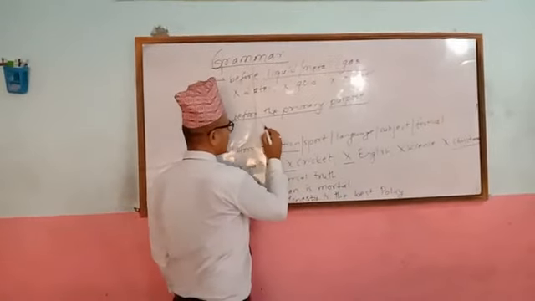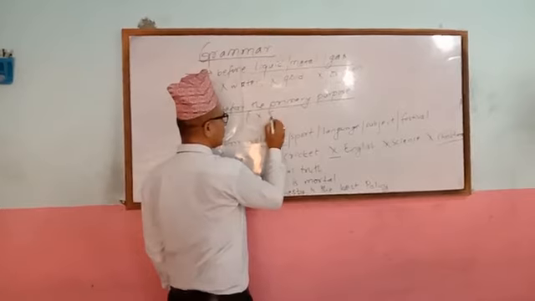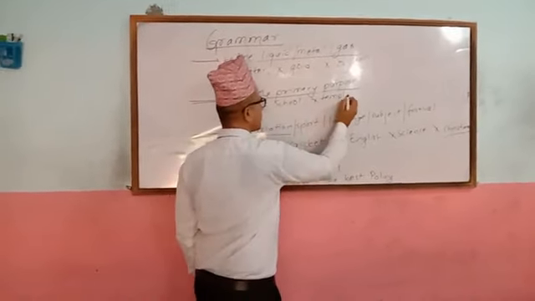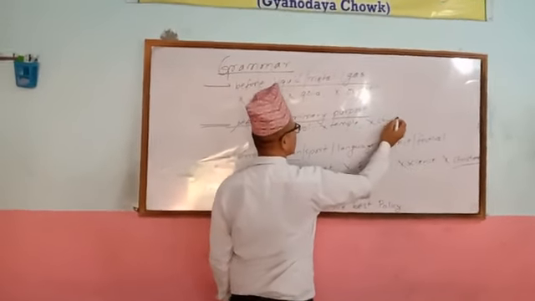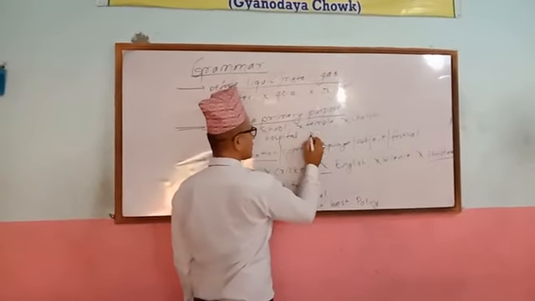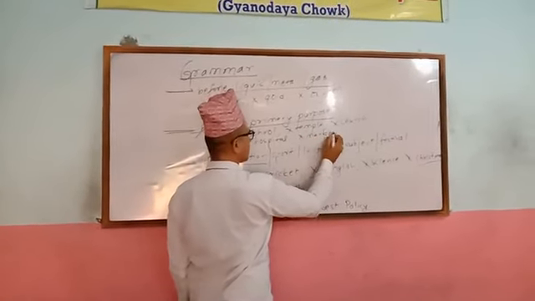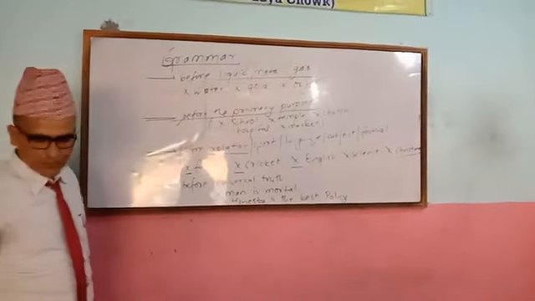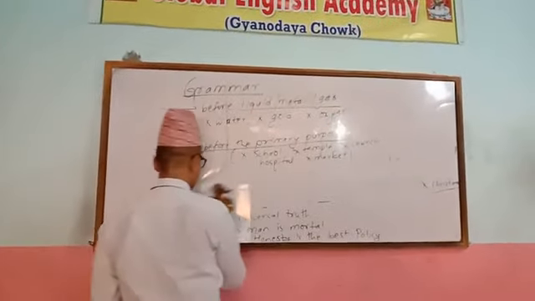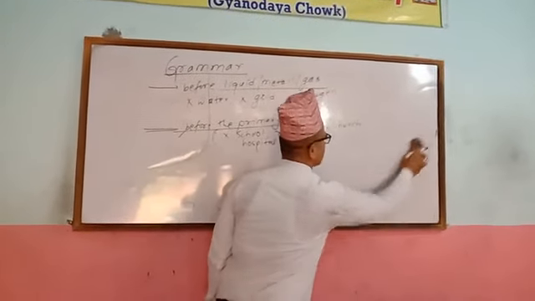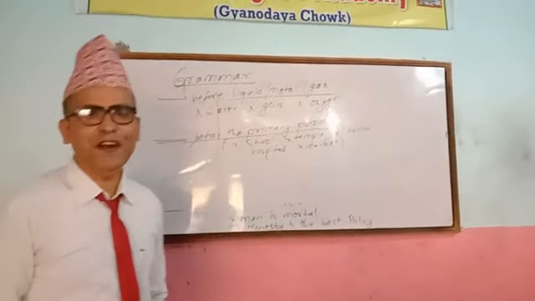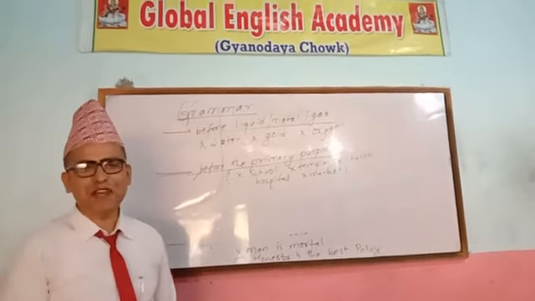So we cannot use any article before school, temple, church, hospital, market, and so on, if we understand the primary purpose. For example, women go to temple to worship God. Worshipping God at the temple is a primary purpose, right?